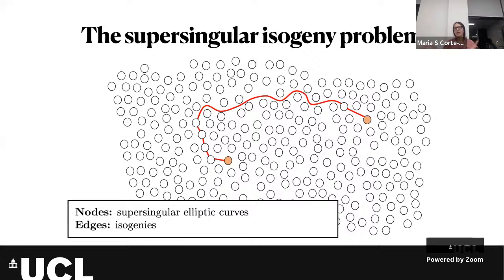So when you're walking around in this graph, you shouldn't really have any way of orienteering yourself. So the best way to find a path between these 2 nodes is really just to walk around randomly until you hit the other node. There's no extra structure that you can exploit in the graph. And this really comes from this optimal expansion, and why we believe that this is a hard problem.